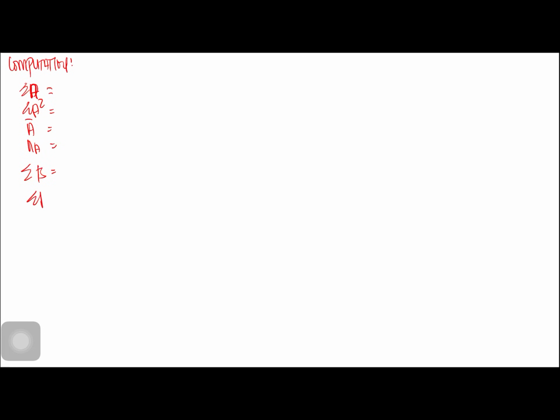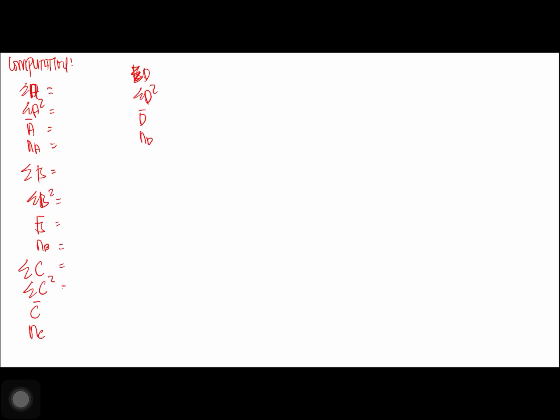Then we also need summation of B squared, B bar, and NB. Then summation of C squared, C bar, and NC. Then we also need the summation of D squared, D bar, and ND.